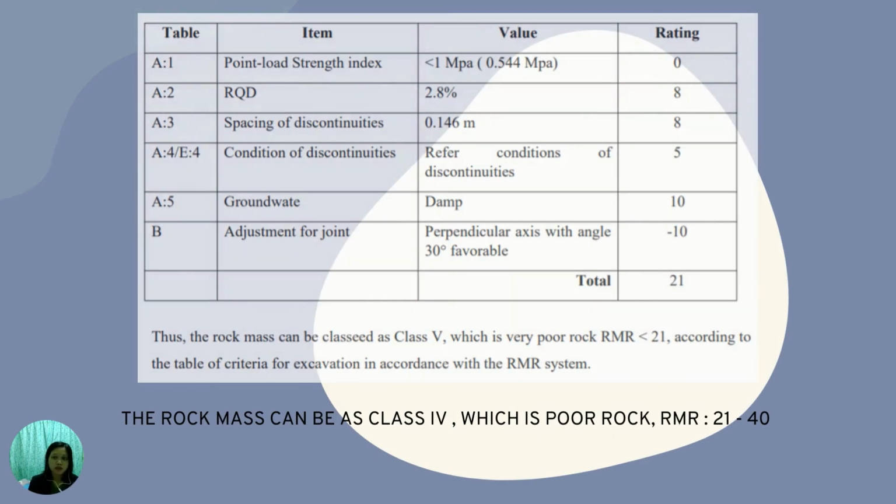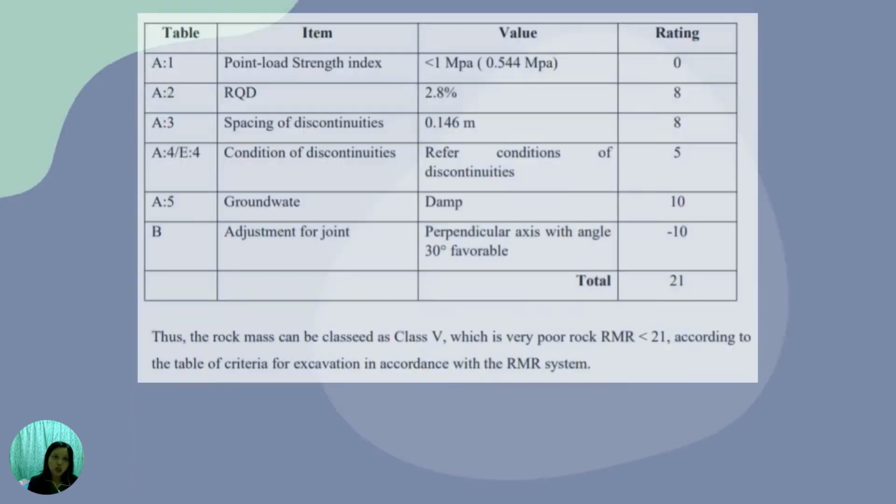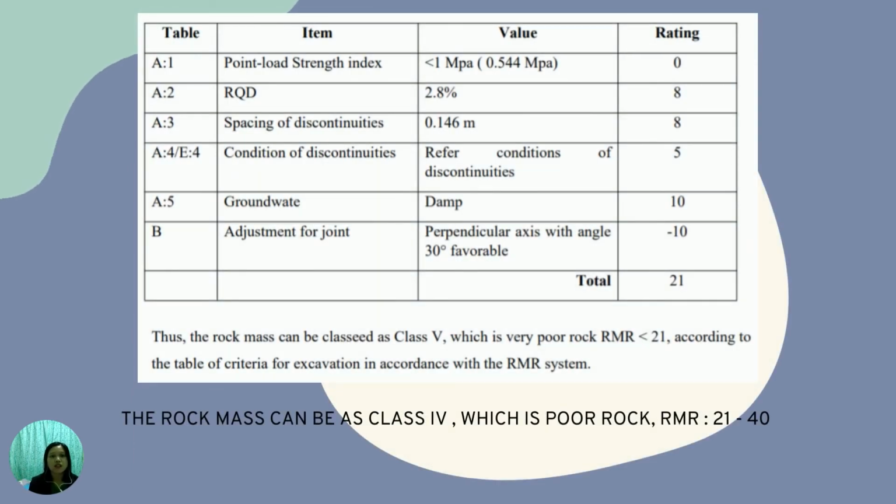So from this table, after we found the point load strength index, the value is less than 1 megapascal, the rating is 0, and then for RQD, the value is 2.8%, and the rating is 8, and then the spacing of discontinuities is 0.48 meter, and the rating is 8, and the condition of discontinuity rating is 5, and the groundwater rating is 10, and the adjustment for joint, the rating is negative 10, and the total is 21.